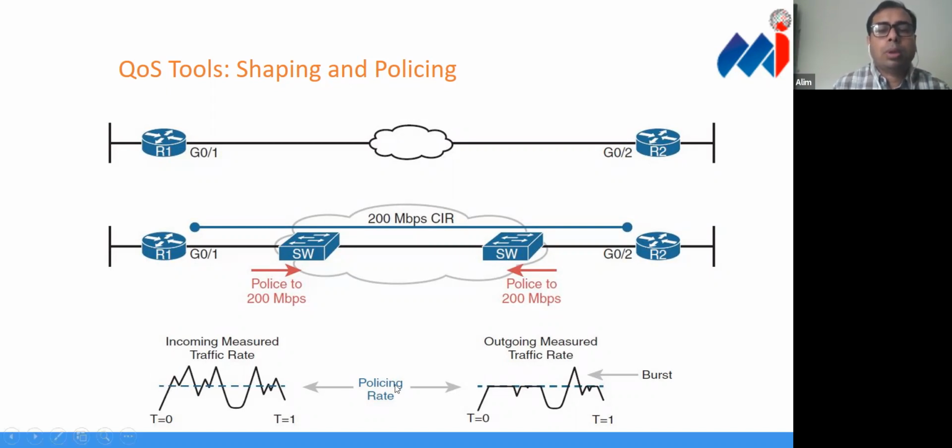So they will police on this data. They just cut; what is in excess or above the line will be discarded, and you will lose your packets. But at some point, sometimes they will allow some data.